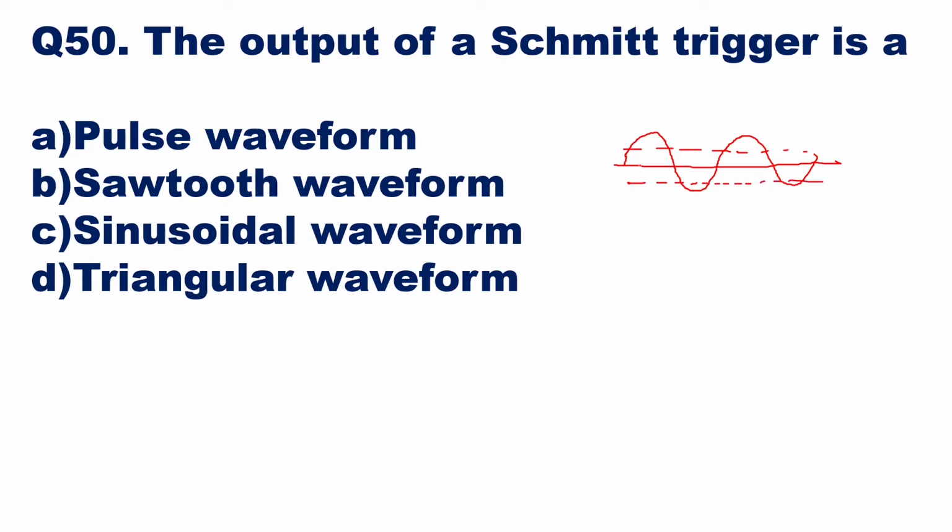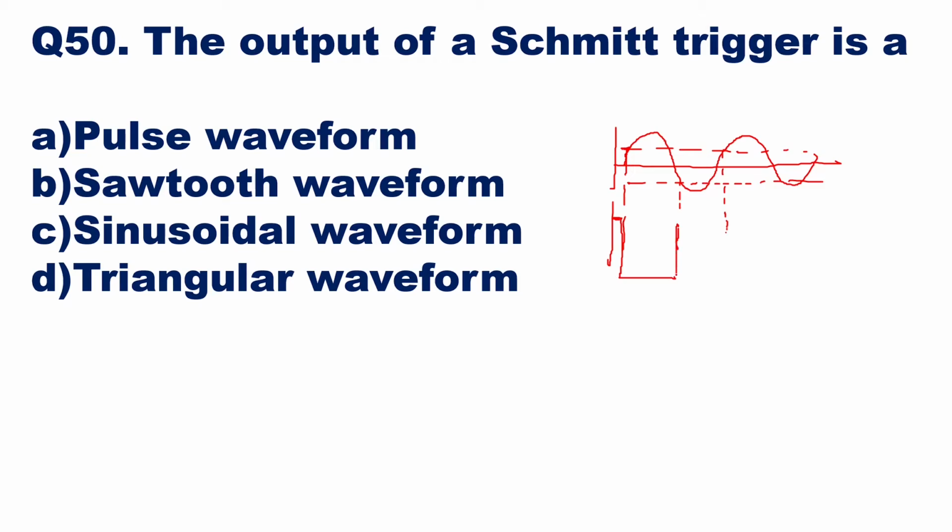Whenever the threshold voltage is crossed by the input, the output will change its state. That means here the output is going to change its state here, here, and here. Initially, if you start from here, it is on the higher side, that is the positive saturation level, and whenever you cross this, you go to negative saturation level.